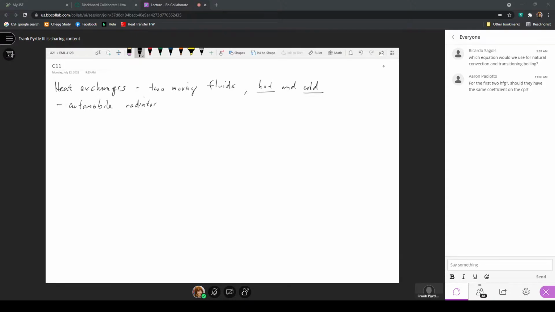So we have heat transfer from the engine coolant to the air.